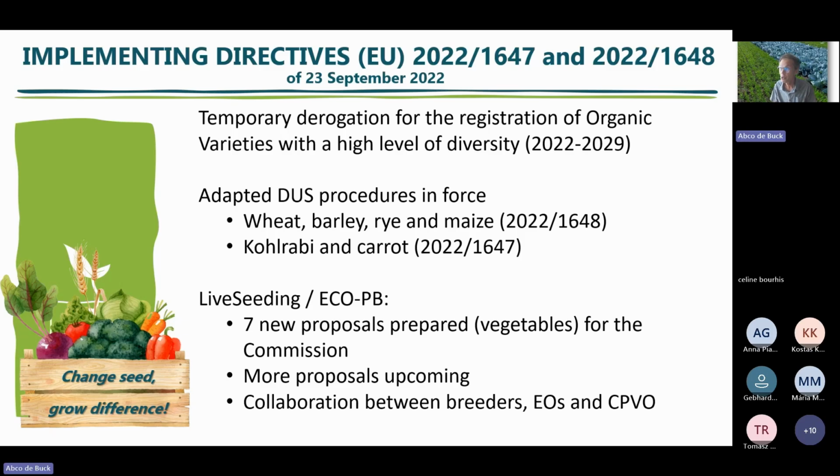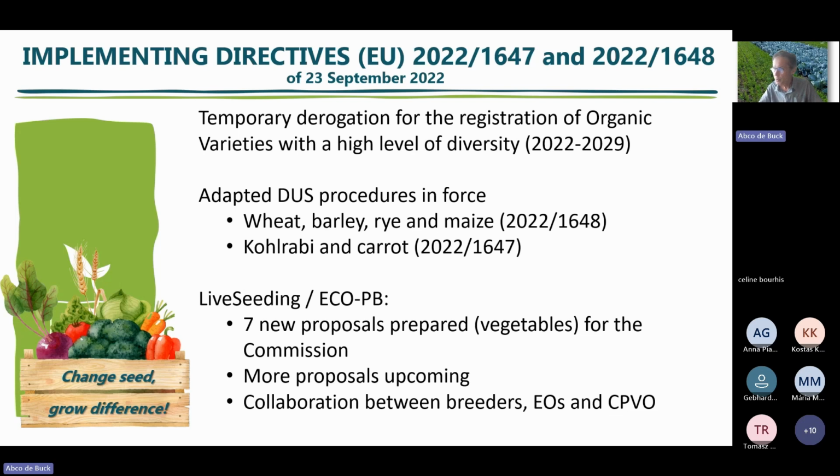They made it possible. For vegetable crops, number 1647, for kohlrabi and carrot, they are already in force. And for agricultural crops, it is in force for wheat, barley, rye, and maize until now.